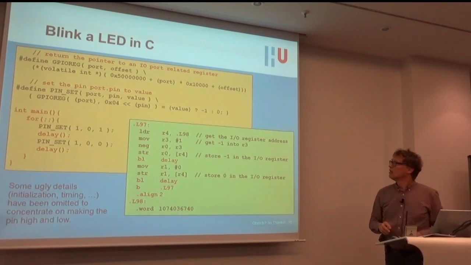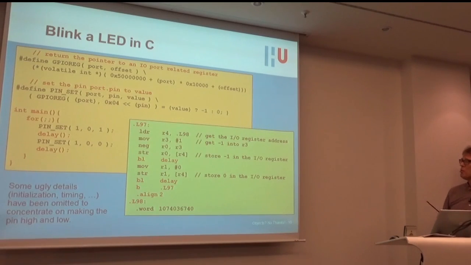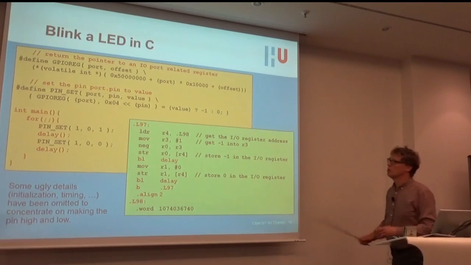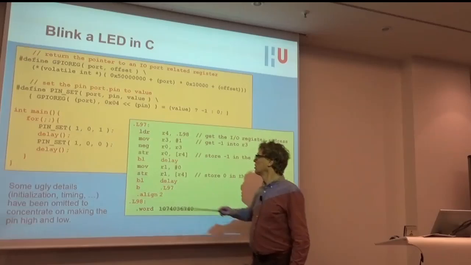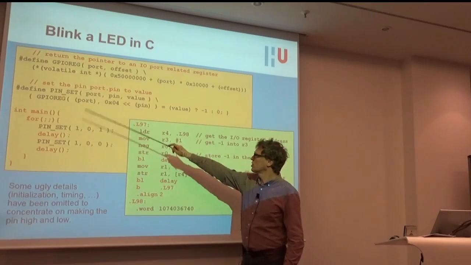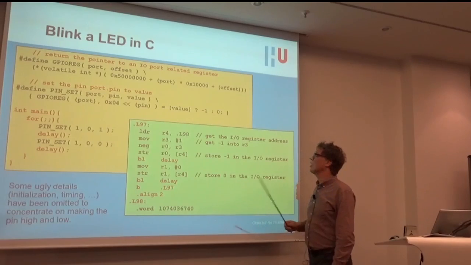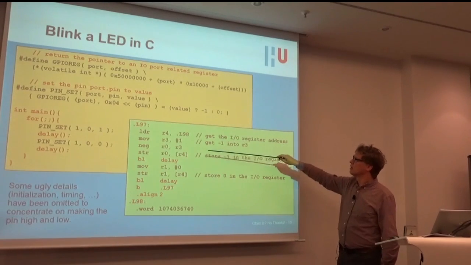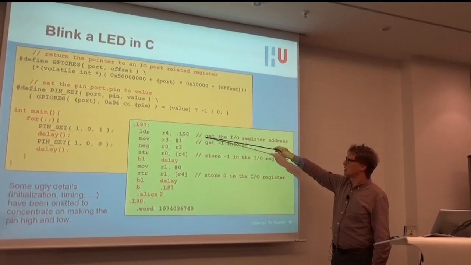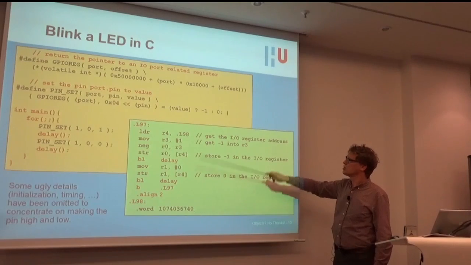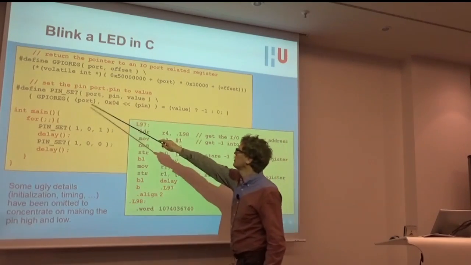And when we see the assembly code generated from this main loop, in red are the parts that are not important. We concentrate on making a pin high and low, the interfacing with the hardware. You see only this is get the address. That's the whole thing that is calculated here.